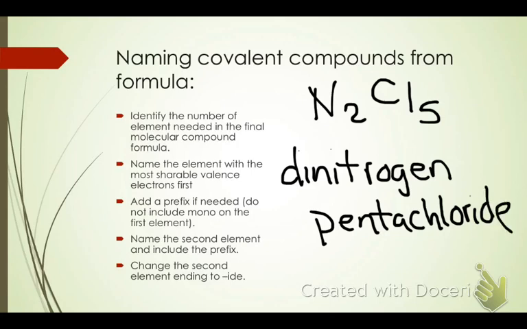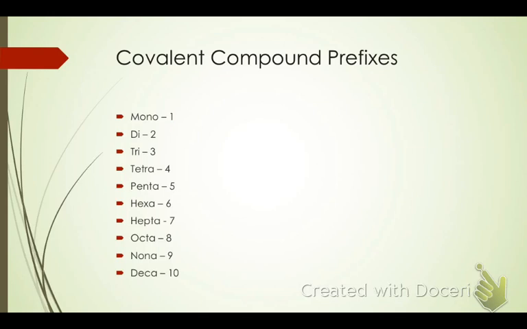On the next slide, I will have the additional prefixes, but just like with ionic compounds, remember that you change the ending to an IDE. Last part of this here is all the compound prefixes. So mono, 1, di, 2, tri, 3, tetra, 4, penta, 5, hexa, 6, hepta, 7, octa, 8, nona, 9, and deca is 10.